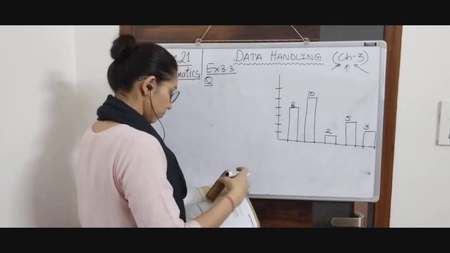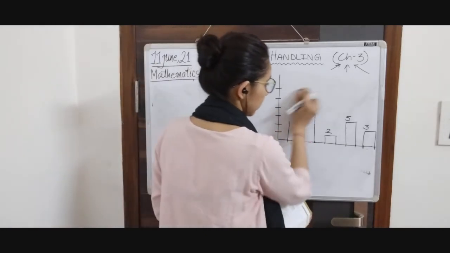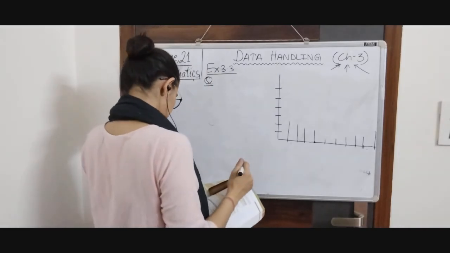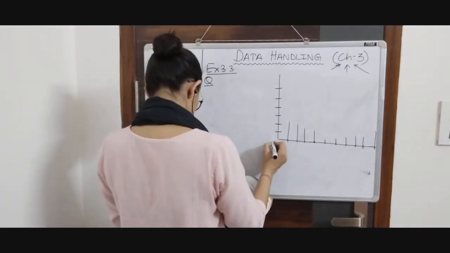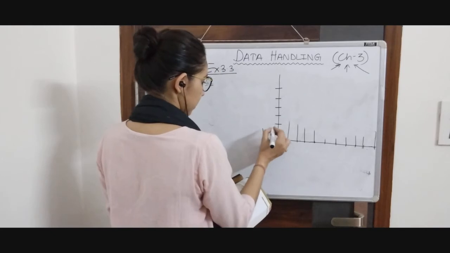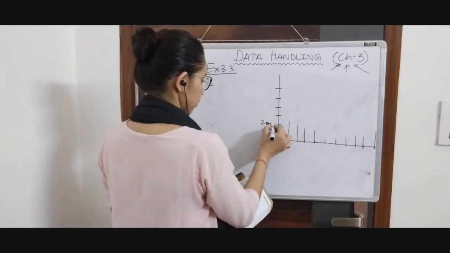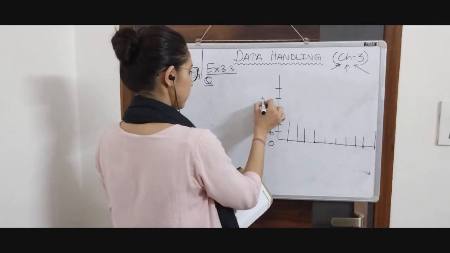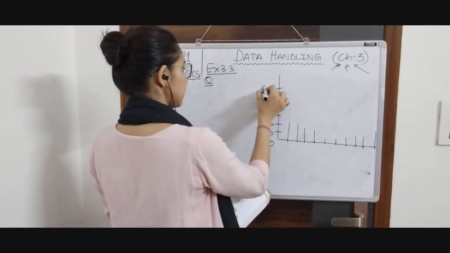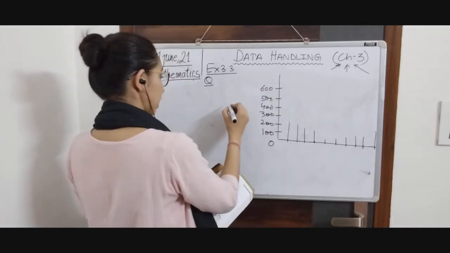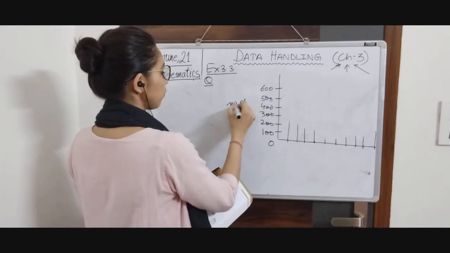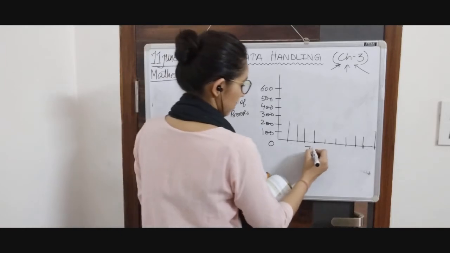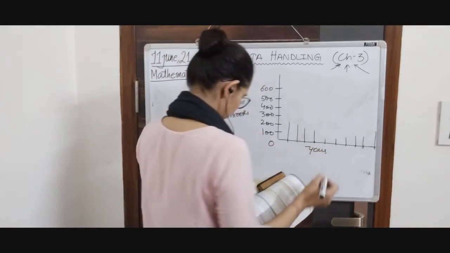On one scale we are using number of books: 0, 100, 200, 300, 400, 500 and 600. These are number of books. Then on another axis we are having years.